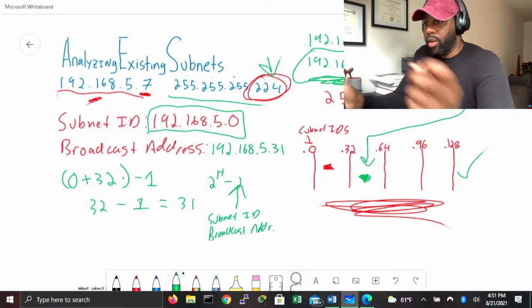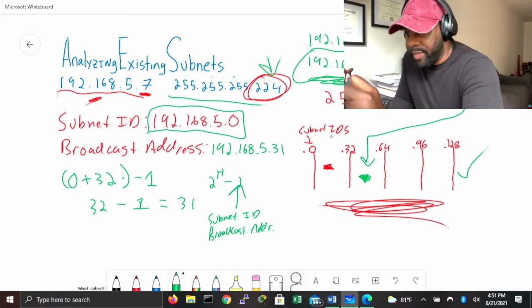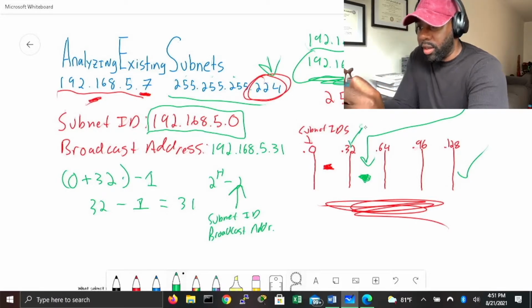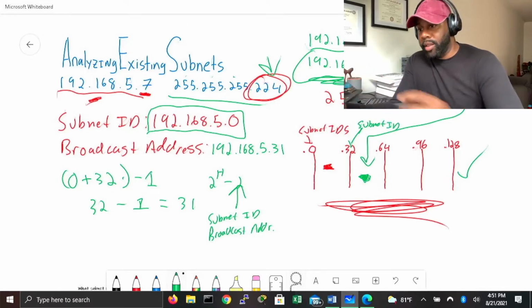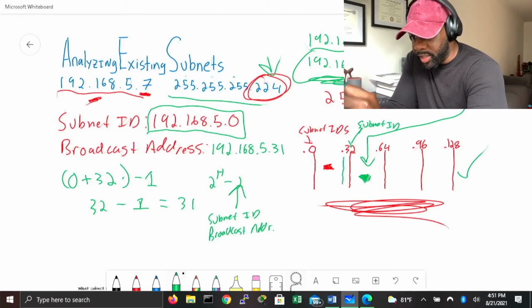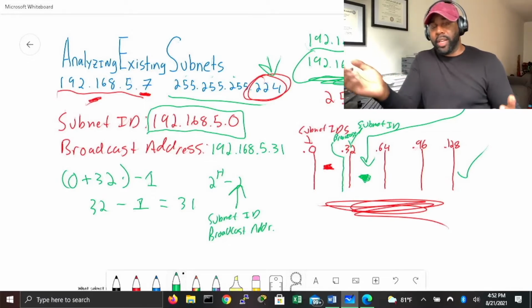So right here we can see that this is the subnet ID, and this is also a subnet ID, but the broadcast address is actually right here. That's going to be the broadcast address.